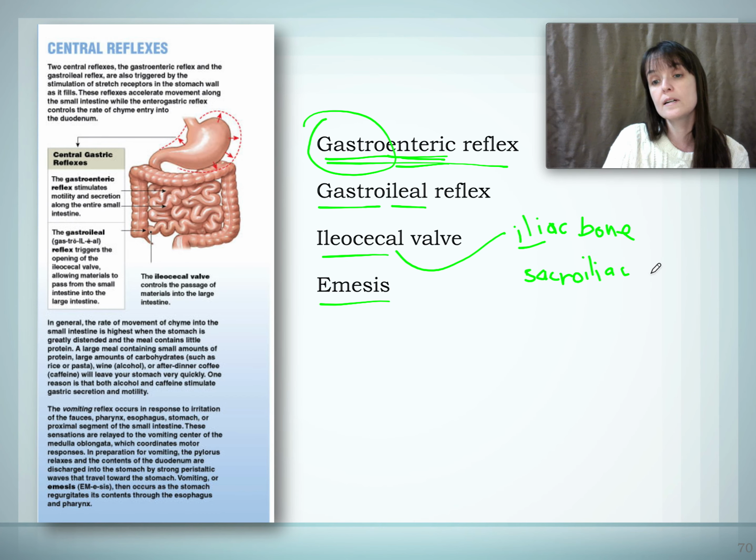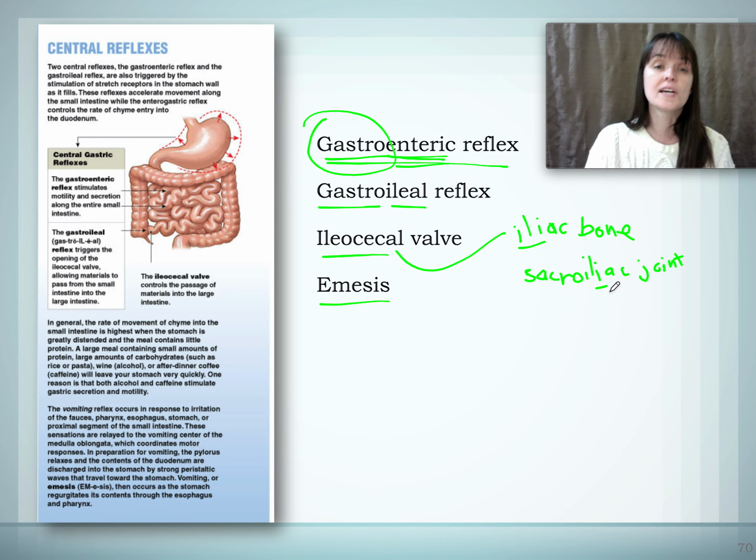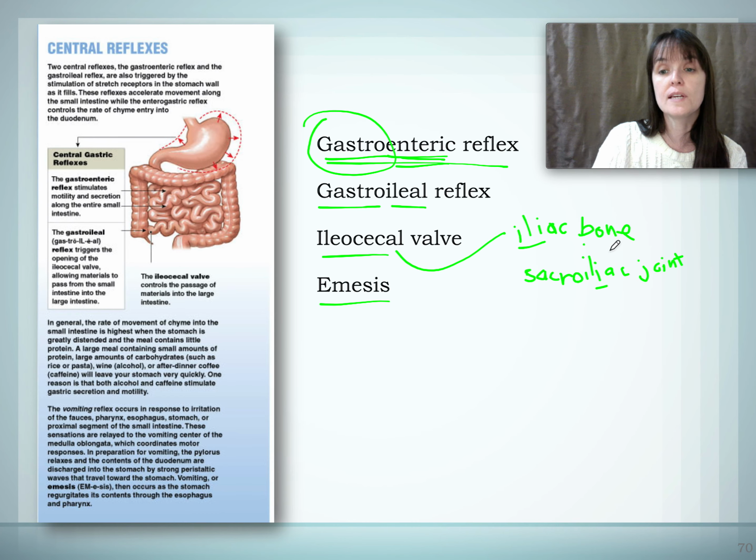That's an ILI to show that it refers to the bone, the hard tissue.